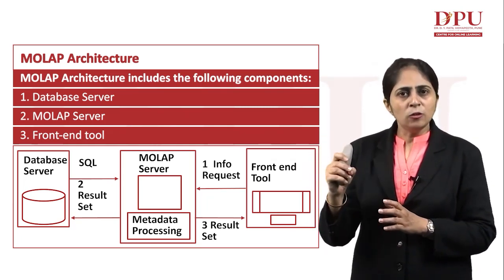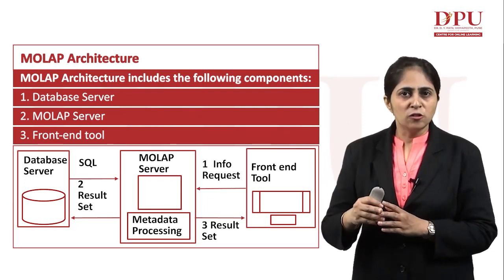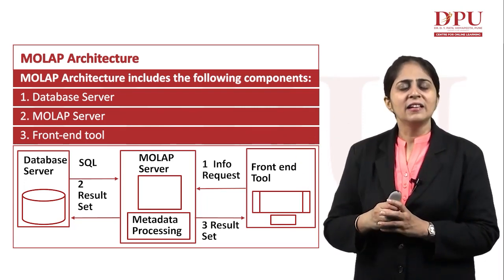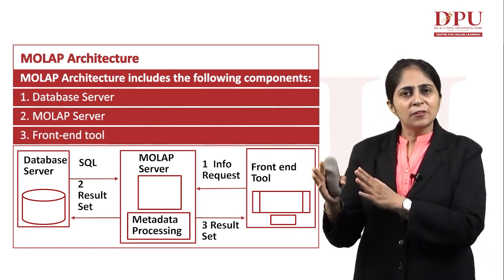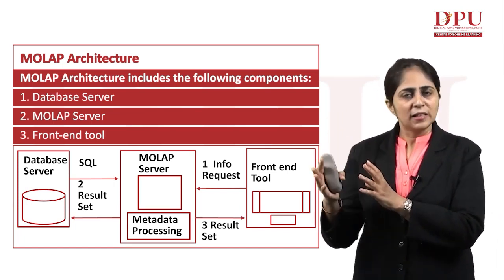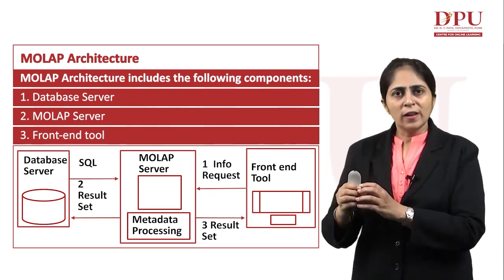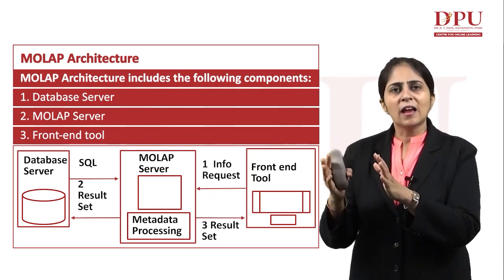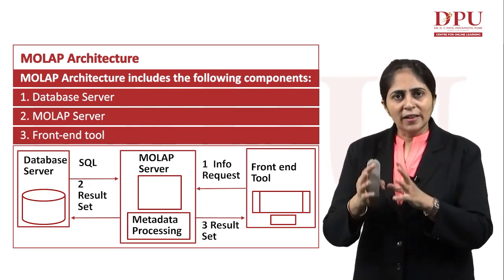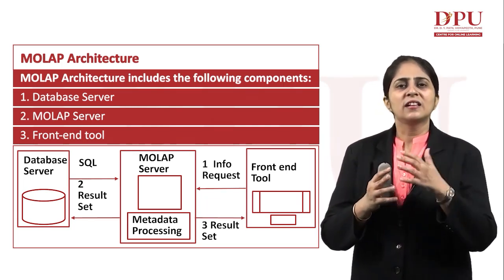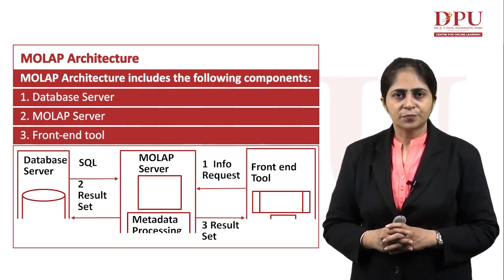The front-end tool is the main tool used by the end user for retrieving any data. If it requires certain data from the database, it has to connect to the MOLAP server first, and via the MOLAP server, it can access the data from the database server.